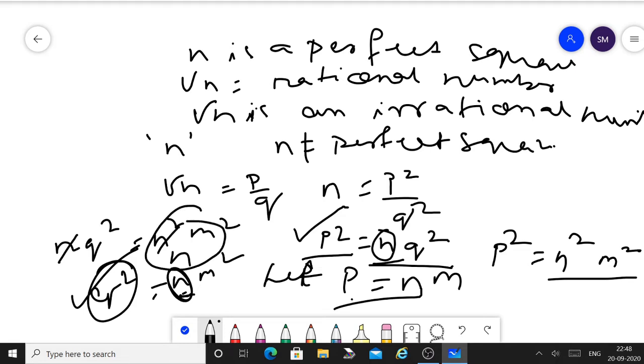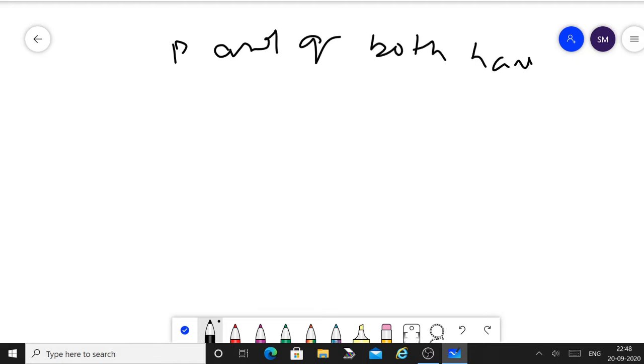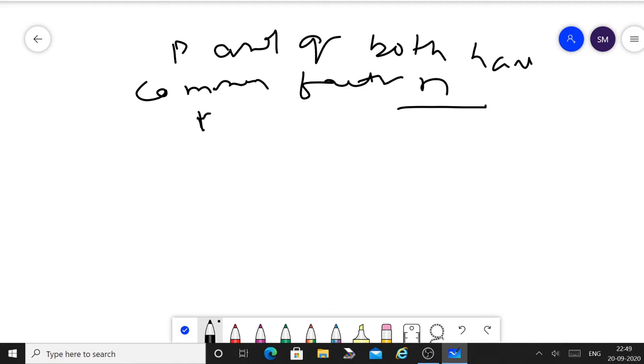This means p and q both have a common factor n, which is a contradiction, because we have taken root n equal to p by q, where p and q are in simplest form, meaning they do not have any common factor.